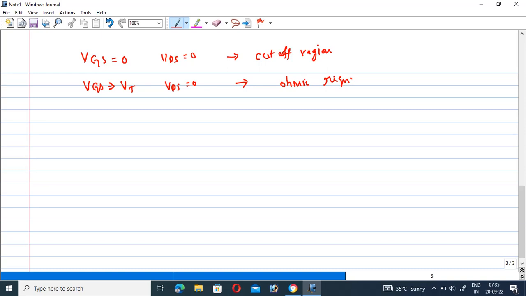At a particular point, it is independent of the VDS voltage.